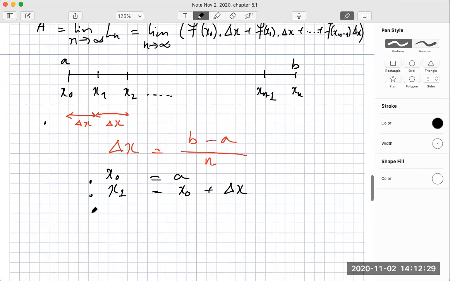From this, we can compute x2 from x1, and we know that x1 is x0 plus delta x, right?